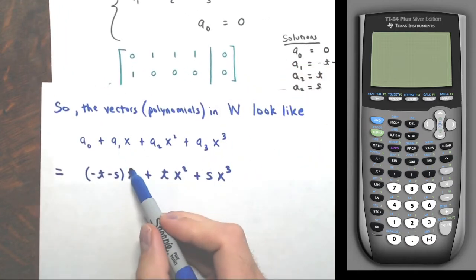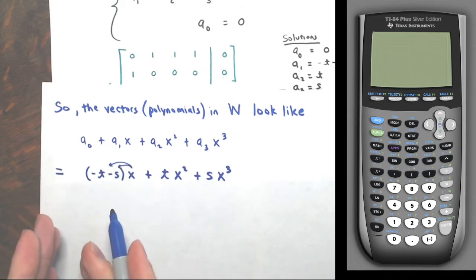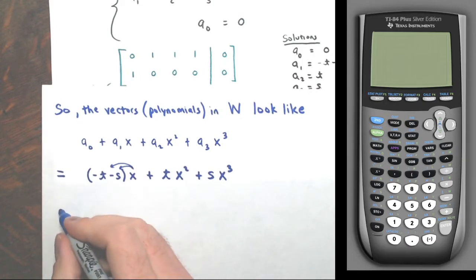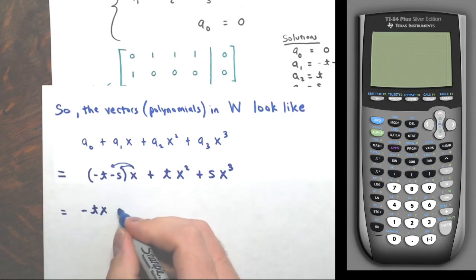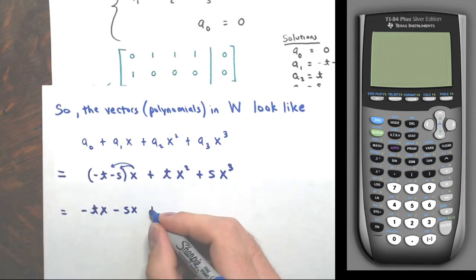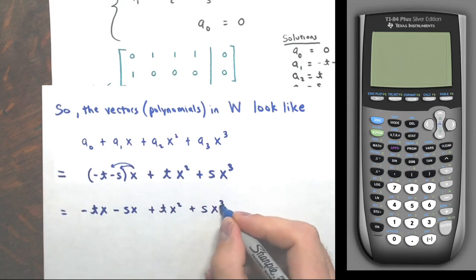I'm going to distribute the x here and gather all the terms with one free variable, and then gather all the terms with the other free variable, the t and the s. So I have negative t times x, minus s times x, plus t times x squared, plus s times x cubed.